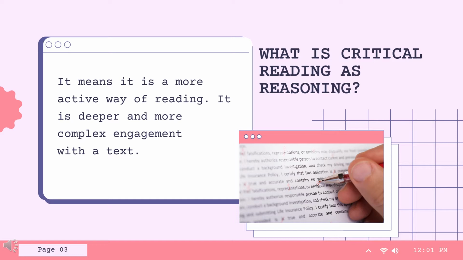Critical reading as reasoning also teaches the reader how to not blindly accept everything that is presented, most especially some of the details like facts or opinions, without further examination. We should really consider the two sides of the coin. Okay? So as we read critically, we must evaluate it first before accepting what is being given.